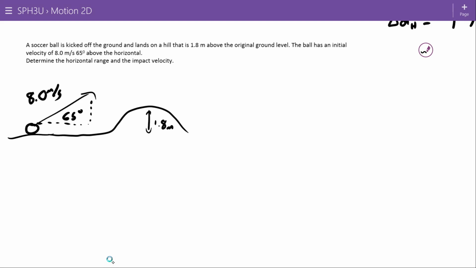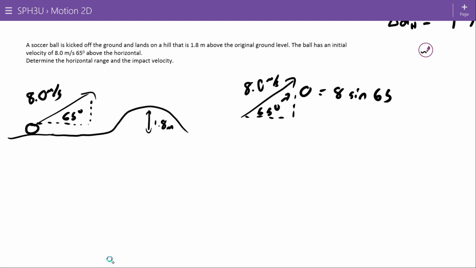So again, this is a pattern here with these ones where we have an initial velocity that is on an angle. Our first step before we can even get started is to divide that into components so we can deal with our horizontal direction and our vertical direction separately. So this is our opposite side, which means it's going to be 8 sine 65, which is 7.25 meters per second.